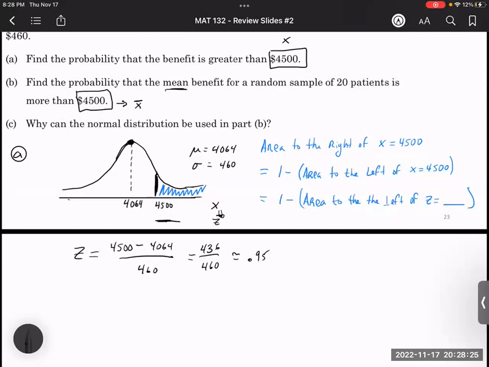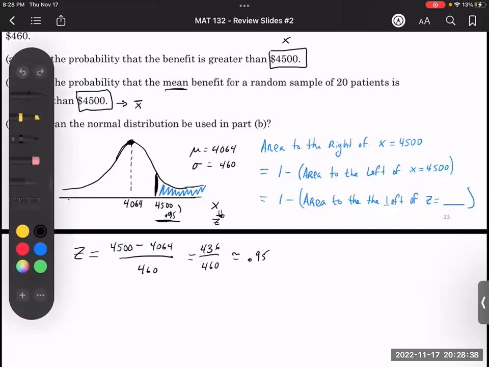So with X being 4,500, in a standard normal distribution, Z is 0.95. Finding the area to the left of X equals 4,500 is the same thing as saying area to the left of Z equals 0.95.